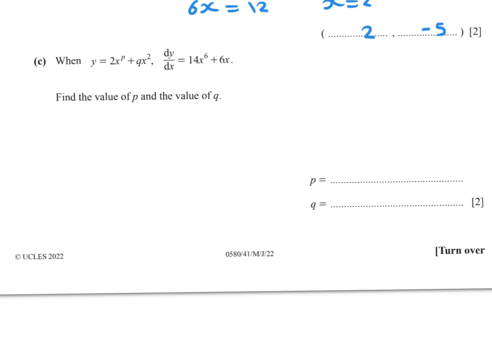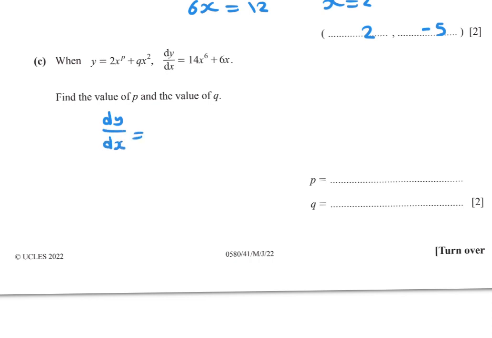Now for part (c), when y equals 2x power b plus qx power 2, dy over dx equals 14x power 6 plus 6x. Find the value of b and the value of q. Can you find dy over dx from the original function?